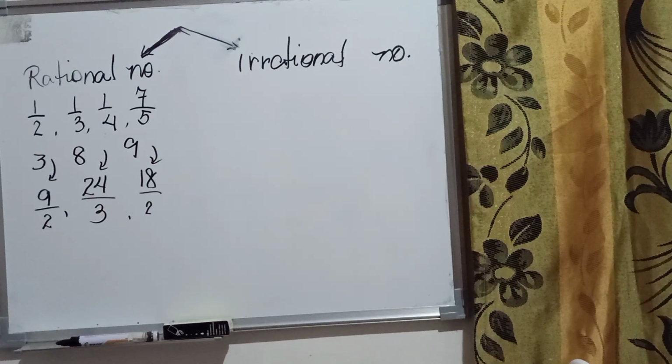You cannot have 0 on the denominator. An example of which is 1/2, 1/3, 1/4, 7/5, and the rest of fractions that you can think of. They are considered rational numbers. I've been saying it is a ratio between two integers except 0 on the denominator.